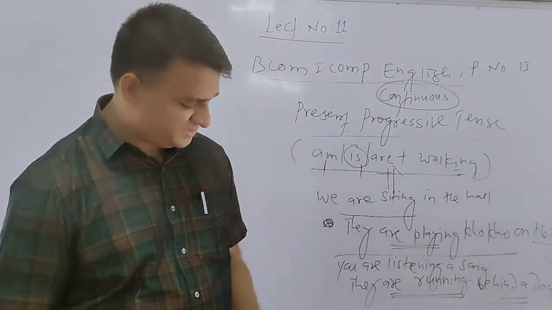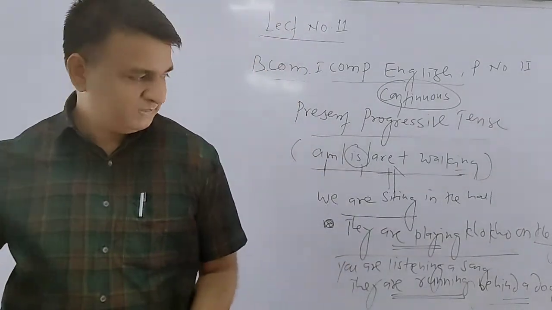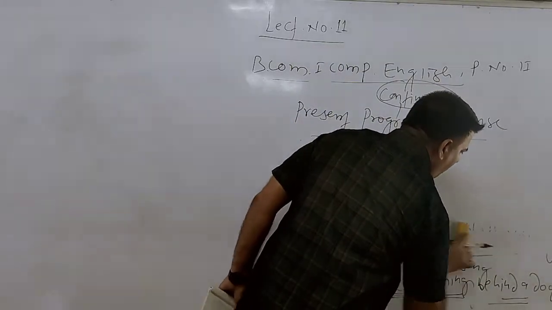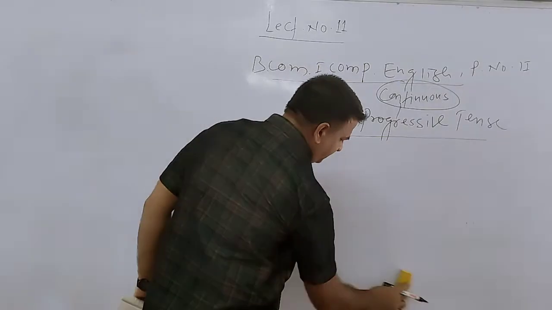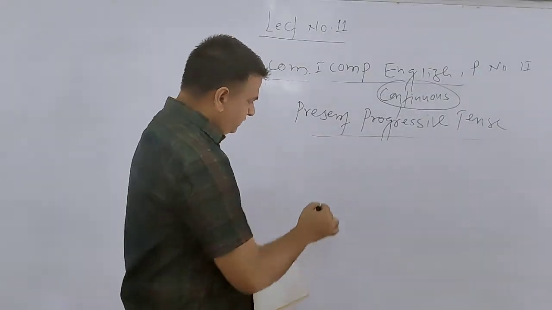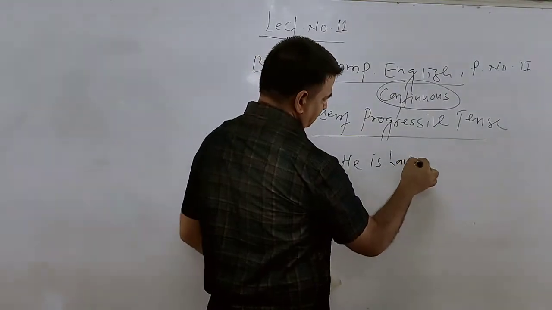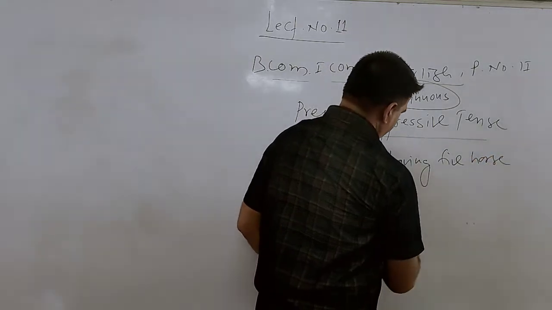Again, some examples like the food is smelling good. Some example of this type, because you can form many sentences by using this pattern. For example, he is having 5 horses.